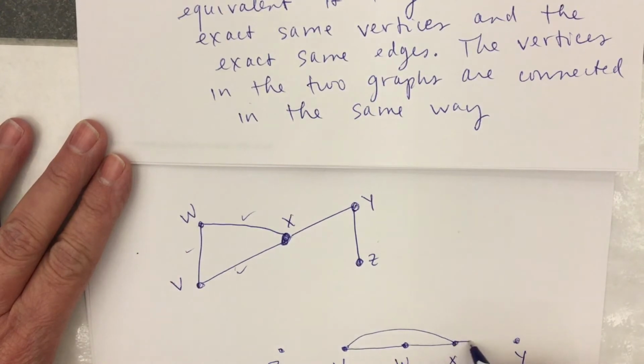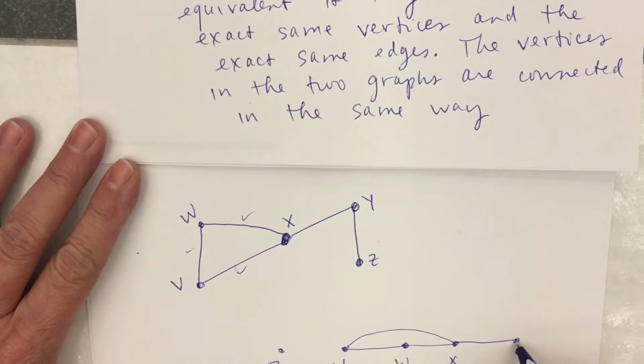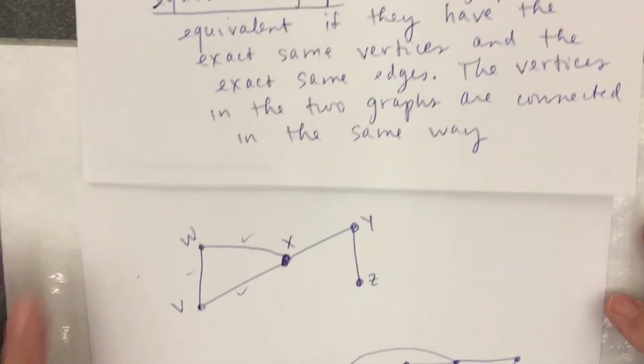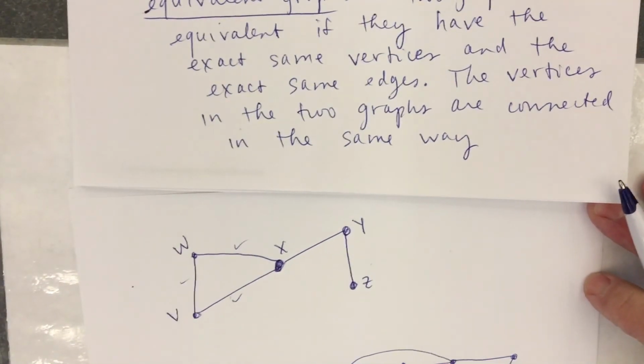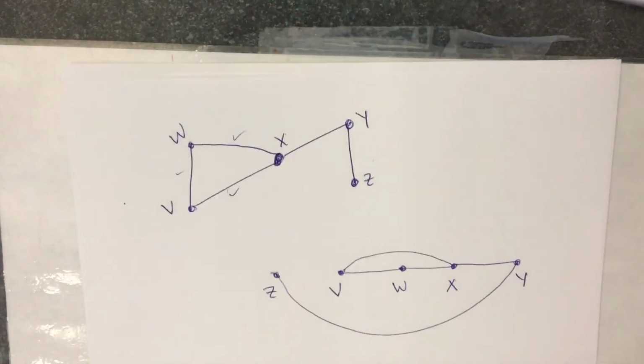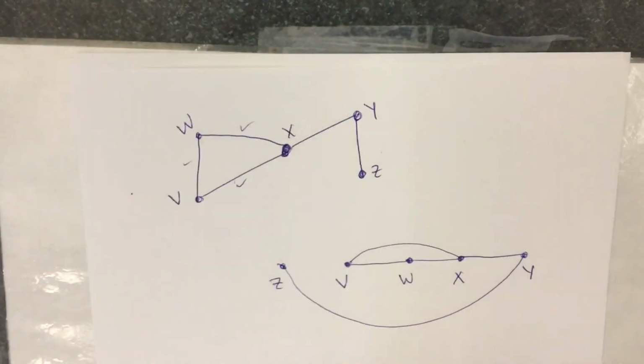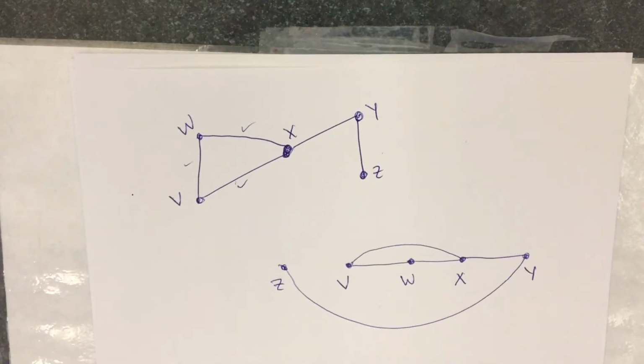X to Y, Y to Z. I'll just come around the bottom. And those two graphs are equivalent, even though they don't look anything alike.